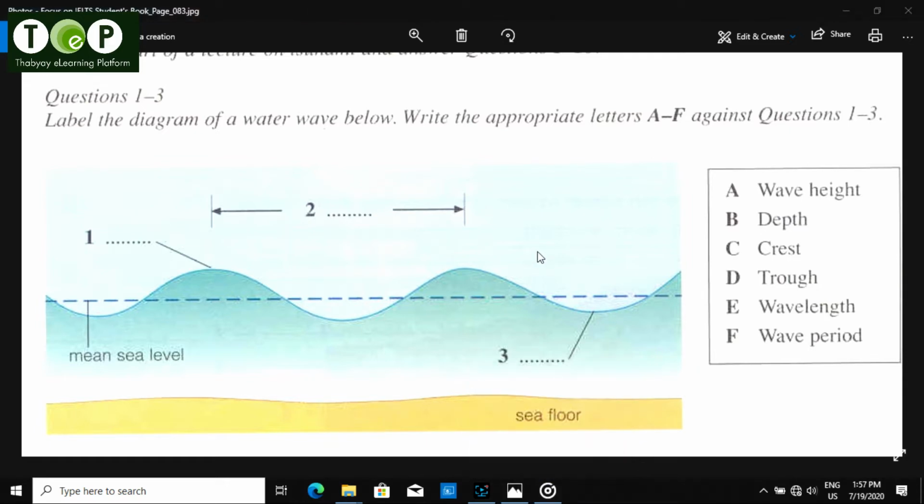Unit 10. Focus on listening: Tsunami. Section 4. You'll hear part of a lecture on natural hazards connected with the sea.